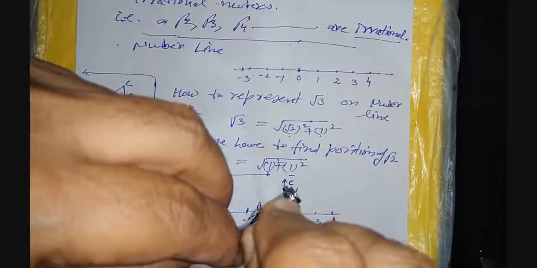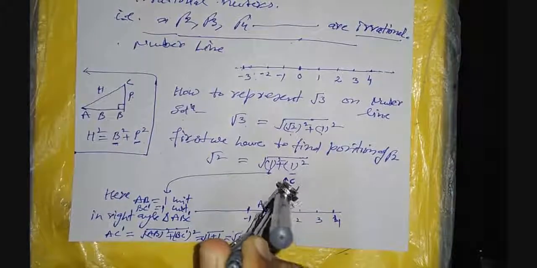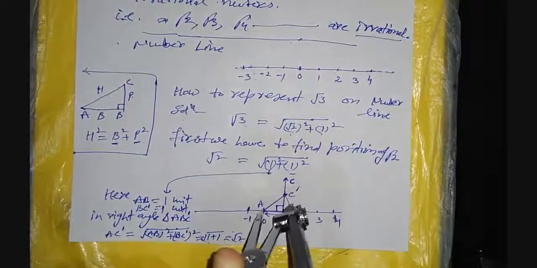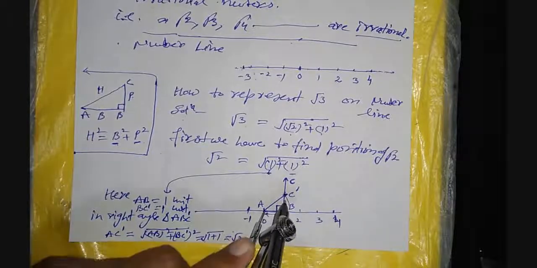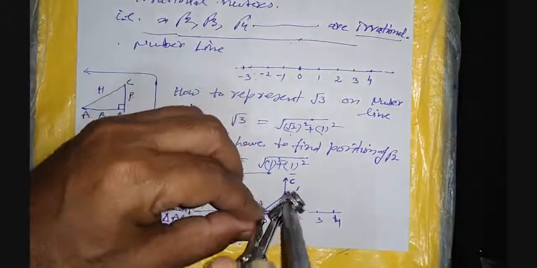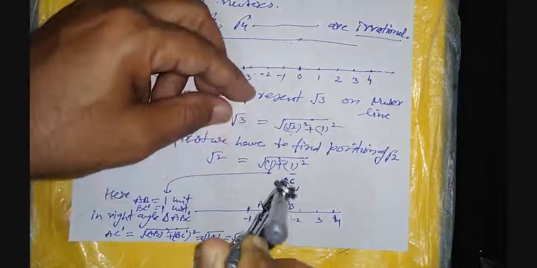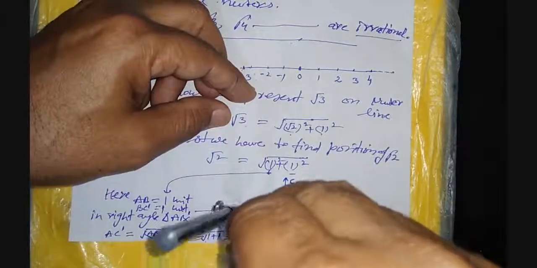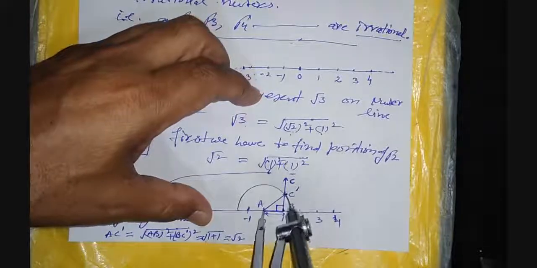Now we will draw a semicircle, taking this value as radius. Okay, this semicircle can be drawn.